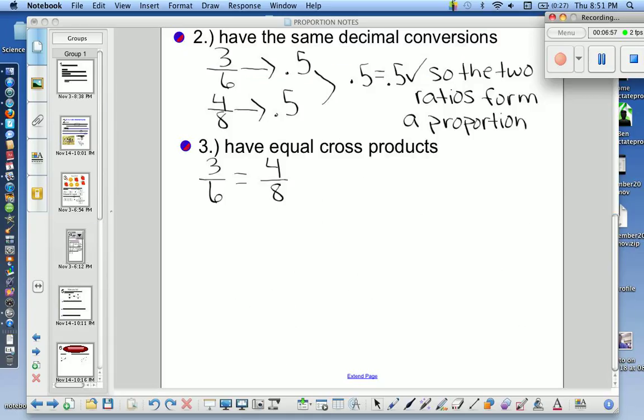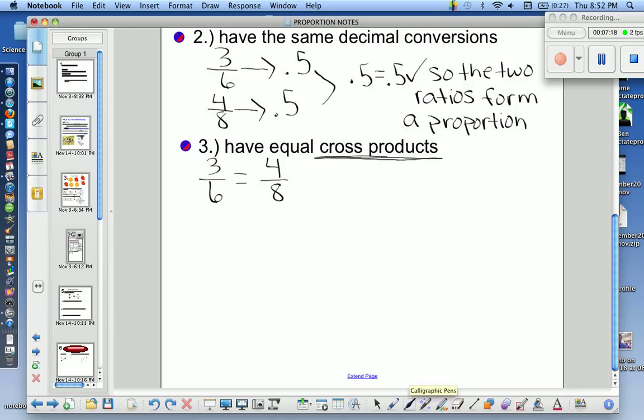The third method we can use to see if the ratios form a proportion is to set the ratios equal to each other, which I have done right now. Once we have them equal to each other, we need to see if their cross products are equal. Cross products means to cross multiply.